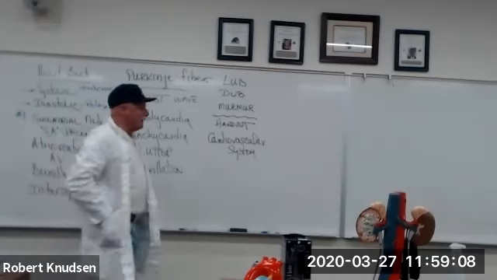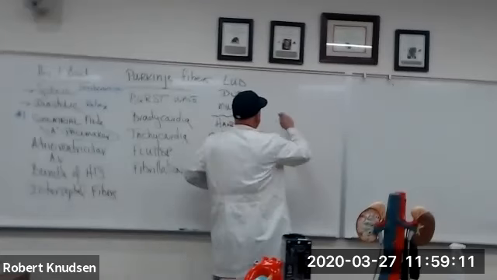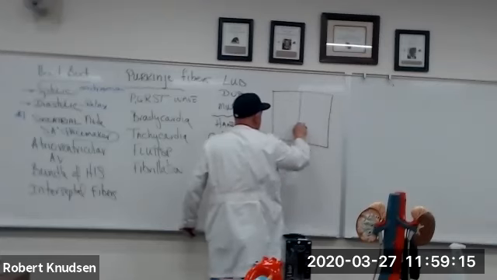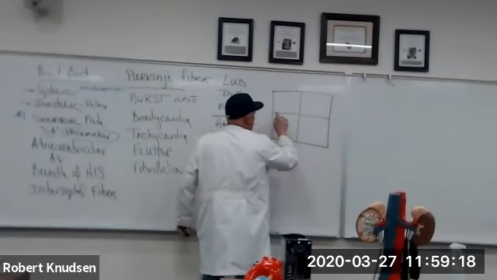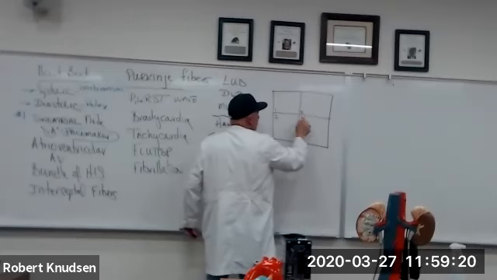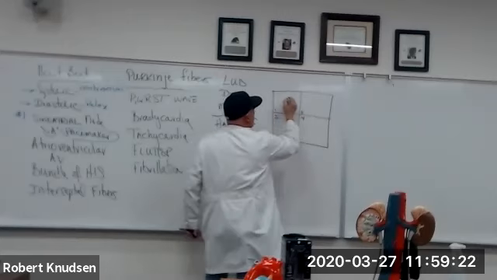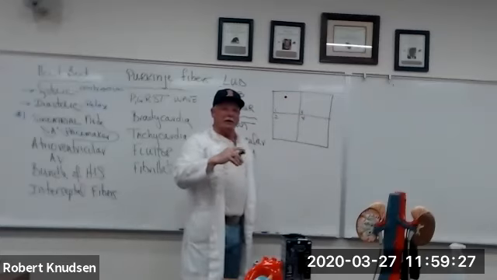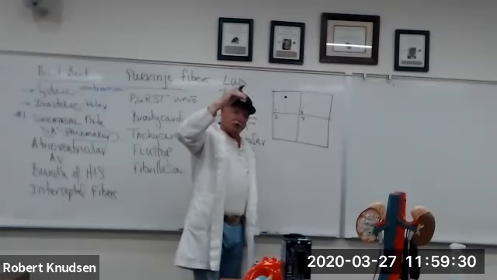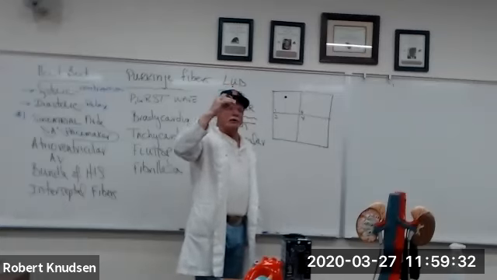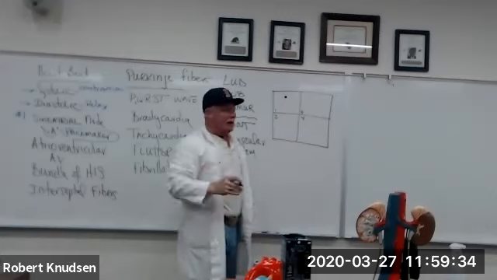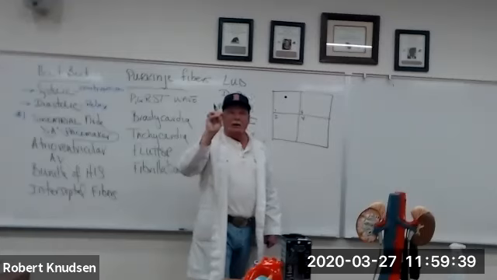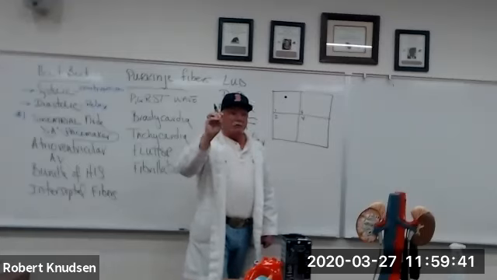So we're going to go back over here and draw our heart. 1, 2, 3, 4. Okay. Right here, somewhere. Normally, it's in the back top superior portion of the right atrium, but doesn't have to be there. That is a collection of dendrites we call a node.